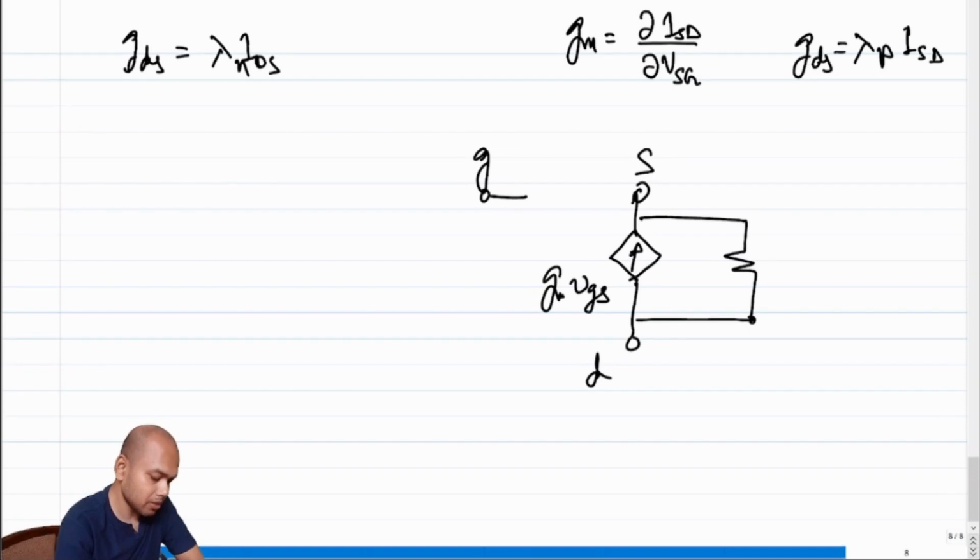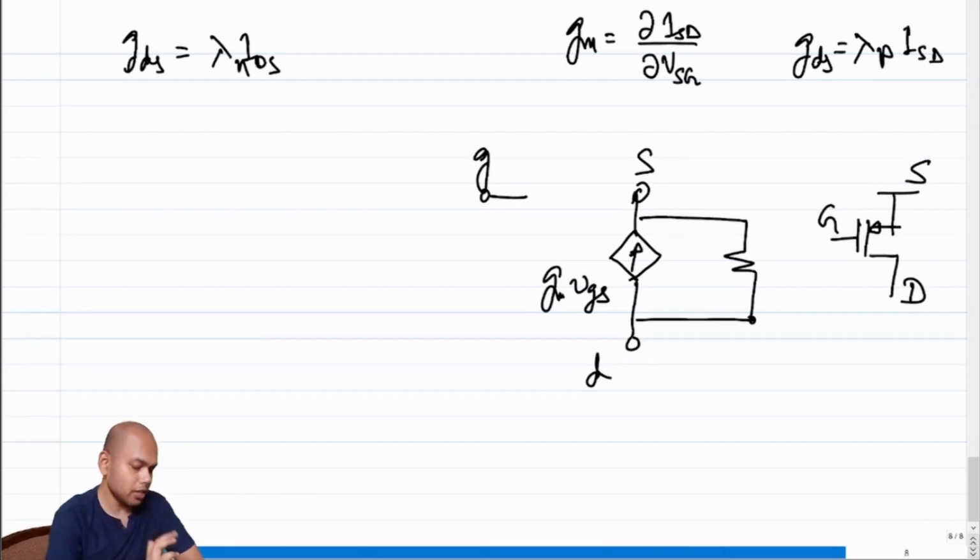Why are we doing this? Because in the total picture, we generally tend to have the source on top, drain here, gate here. So these pictures look equivalent.